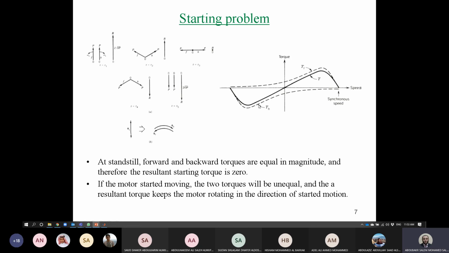Or if you make the spin in the reverse direction, it will take the reverse direction and continue moving in that direction. So this is just a brief about the starting problem and the double field theory of the single phase induction motor. Inshallah, next class we will proceed more in this theory and see how we can solve that problem. Is there any question?